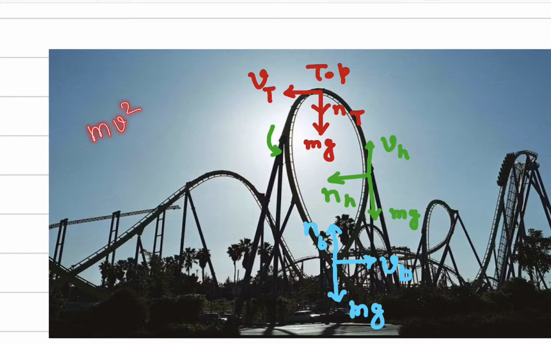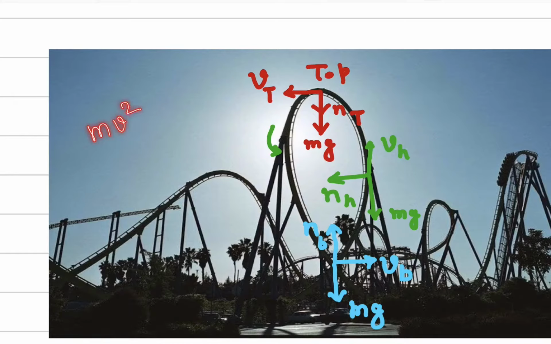Now let's write down the equation. At the top, the normal force NT plus mg is providing the required centripetal force. And we're going to solve it for the velocity at the top. So we multiply by r on both sides and divide by m. This is what we get.